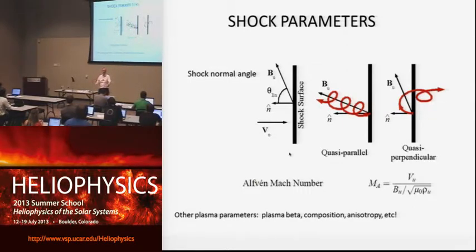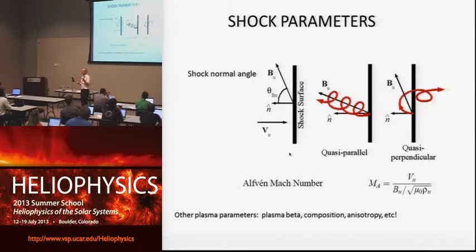Now we've got lots of parameters to describe it. We've got the shock normal angle. We've got the Mach number, which is a way of describing how strong the shock is. If we've got a fast mode shock, it has to have a fast mode Mach number greater than 1. So the flow speed has to be greater than the fast speed in front of the shock, upstream. In fact, it's the normal flow speed.